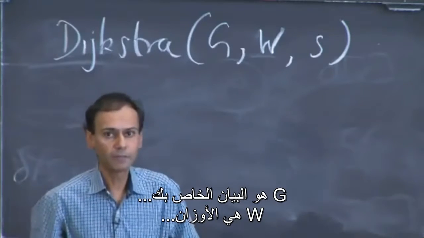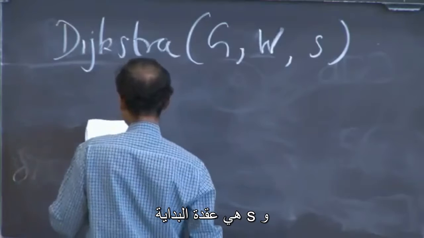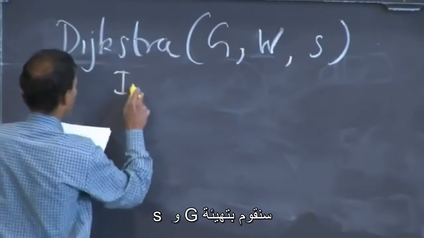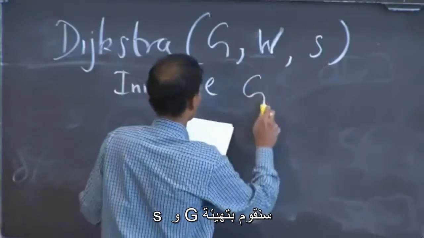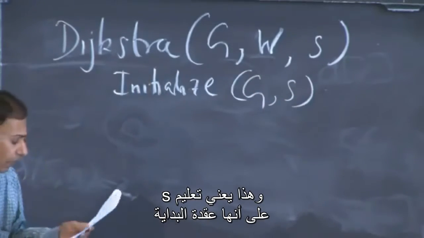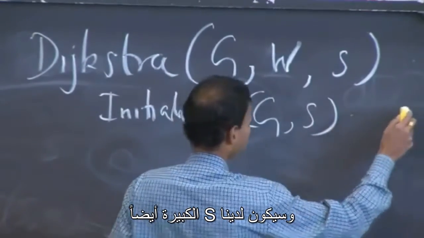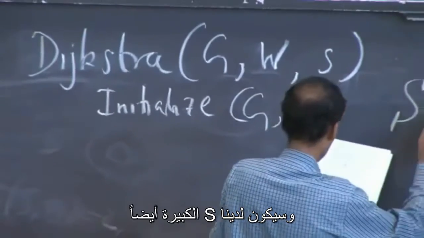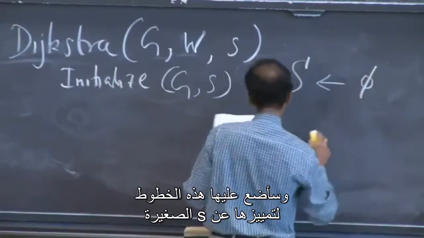So G is your graph, W are the weights, small s is the starting vertex. We're going to initialize G and s, which means we just mark s as a starting vertex, and we're going to also have this capital S that I'll use these little bars to differentiate from small s.